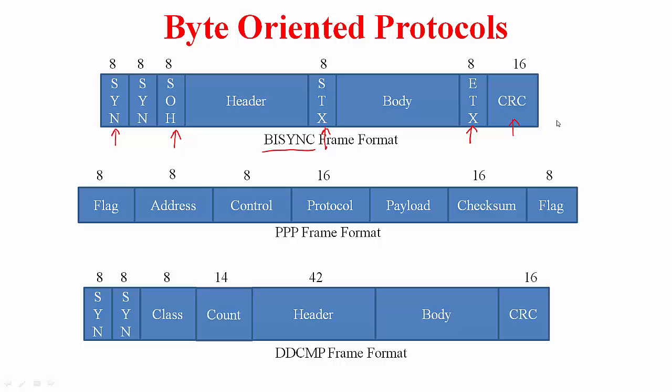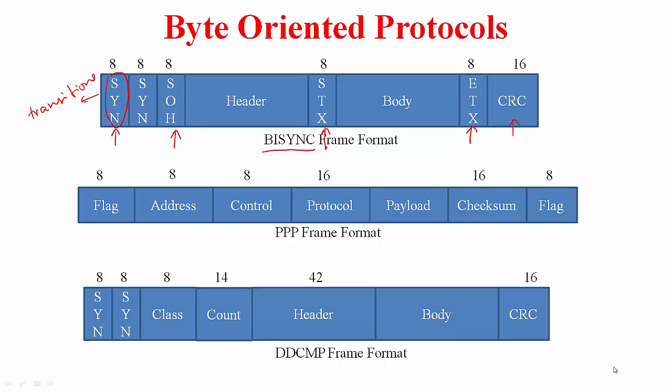CRC stands for cyclic redundancy check. This is part of error detection, which we'll cover later. A thing to note here is the sync byte is specifically chosen to produce enough transitions so that you can synchronize between the sender and the receiver. This is for recovery of the clock, as we covered as part of the encoding.